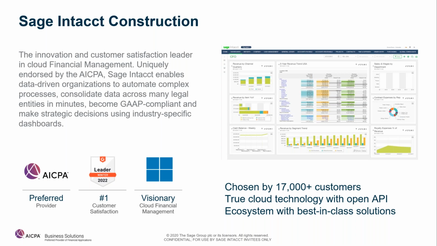Intacct is the undisputed leader in customer satisfaction, as evidenced by a rating of 98 out of 100 on a G2 Crowd review. Intacct is also the leader in innovation, recognized as a visionary by industry analyst Gartner.